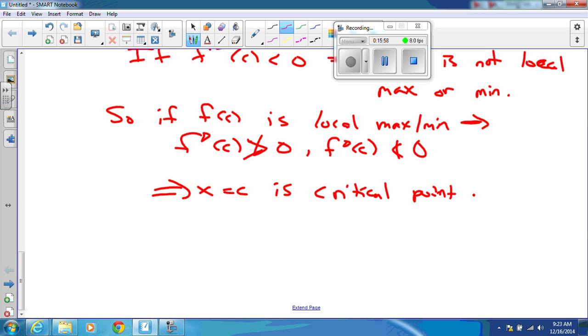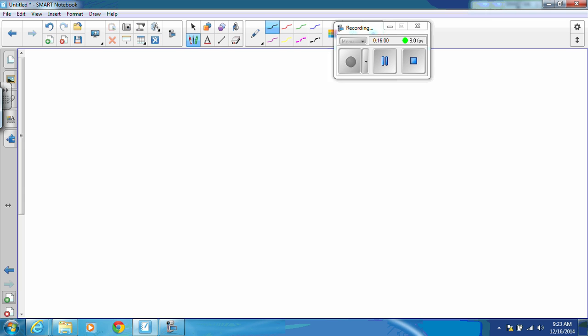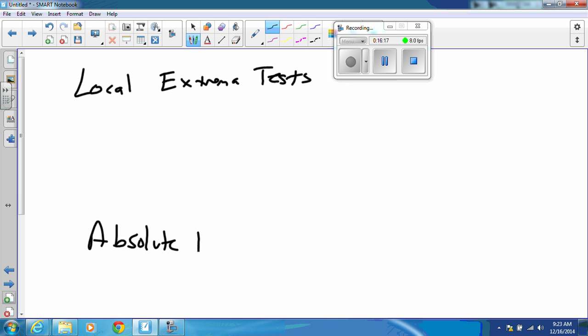And here I want to be really careful about a thing that some of you are still kind of shaky on, and that is local extremum tests versus absolute extremum tests.